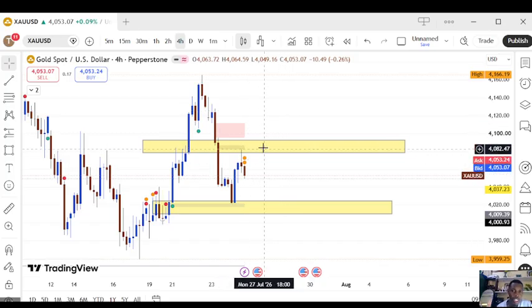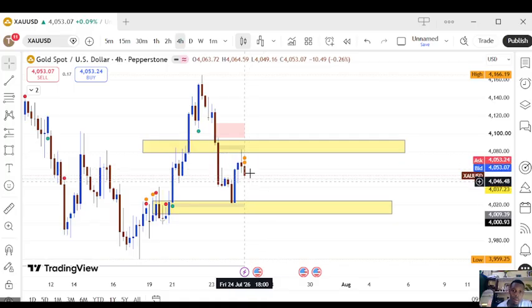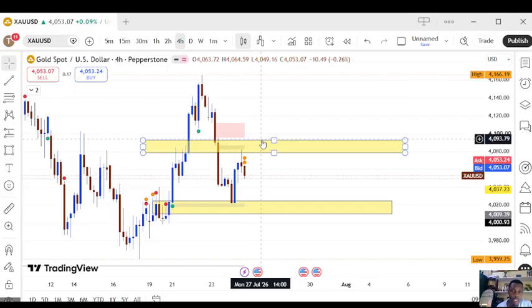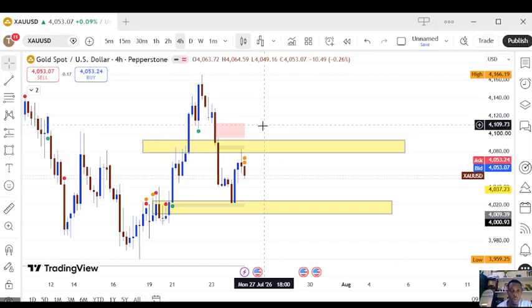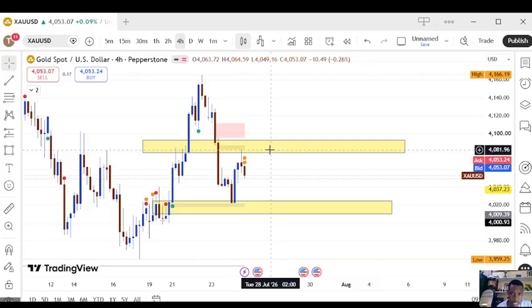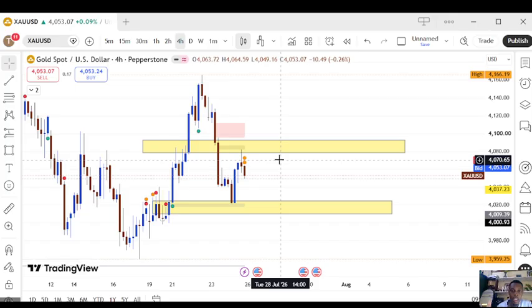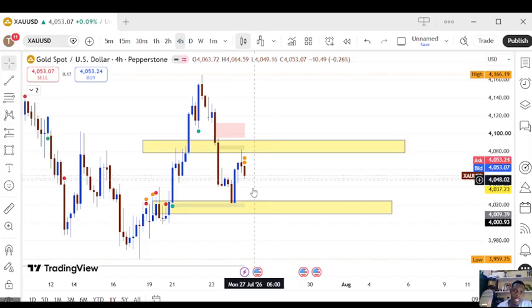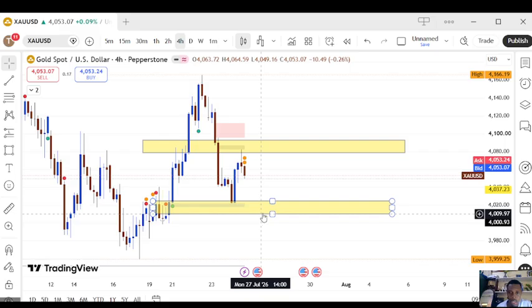If the price breaks through these zones, say it comes here, penetrates this zone and goes back, we look for a retracement, then we look for buys. If it comes here and respects this zone and doesn't go through, maybe we look for sells.